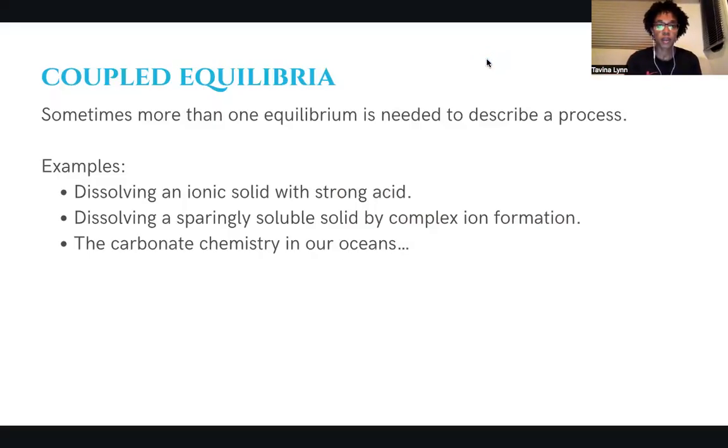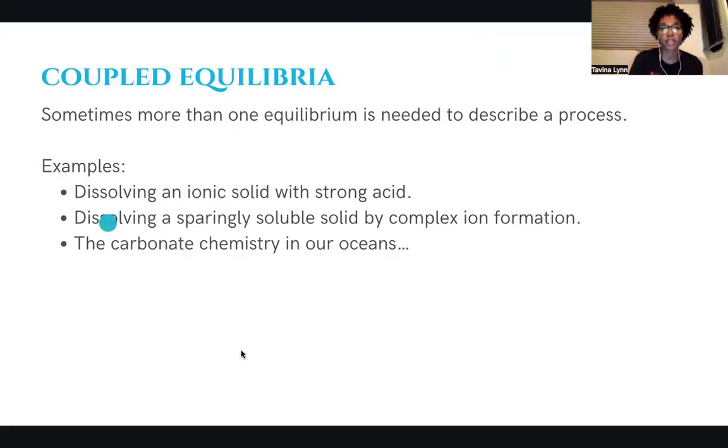All right, so we are going to talk about coupled equilibria, which we have talked about before in the section on equilibrium, but we're going to look at three examples of how we can couple equilibrium to describe certain processes.